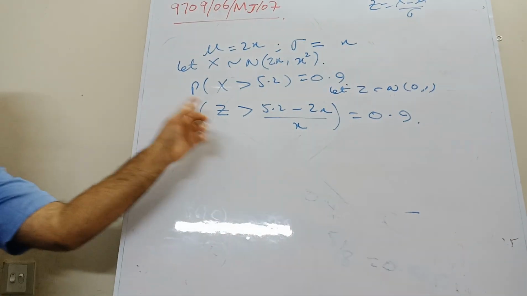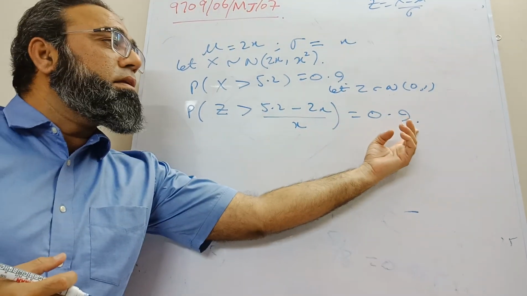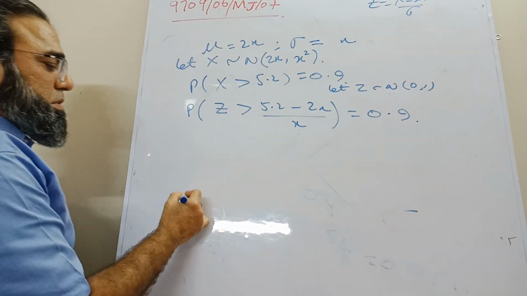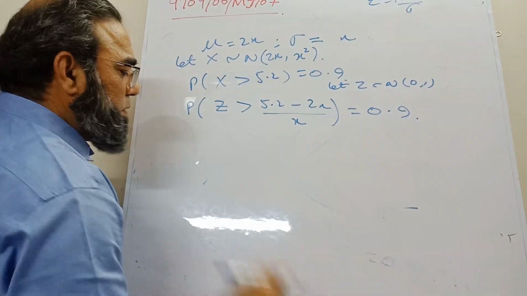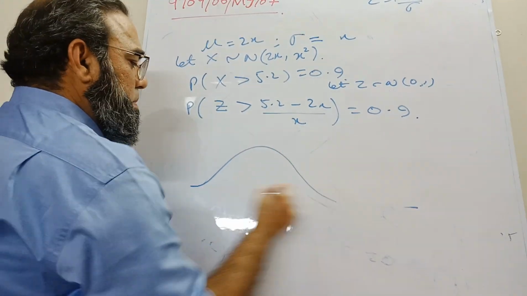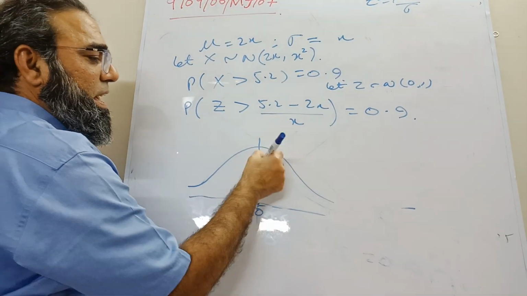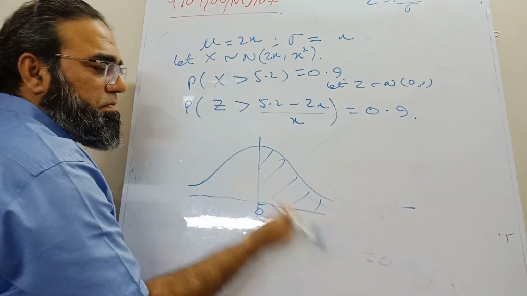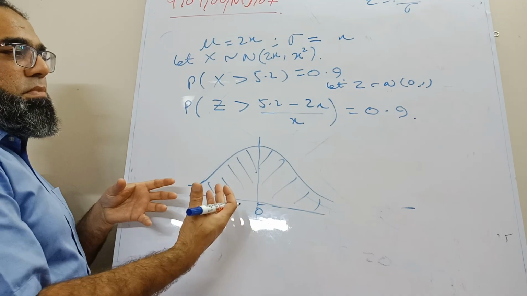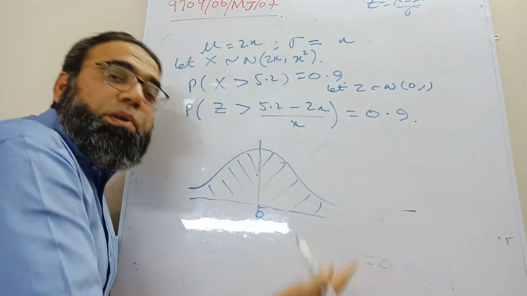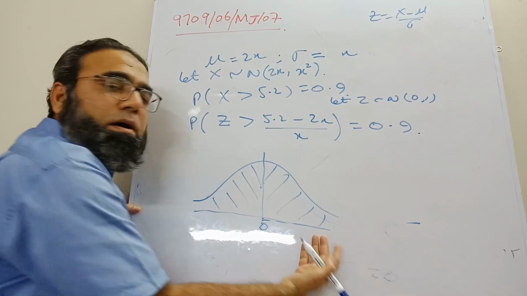So guys, you see this is a greater than symbol over here, and this probability is more than 0.5. If you just recall the normal distribution curve, the bell-shaped curve, this is 0 over here, this area is half, and this area is half. So if you have more than something and the probability is 0.9, where do you think that should be, before this 0 part or after the 0 part?